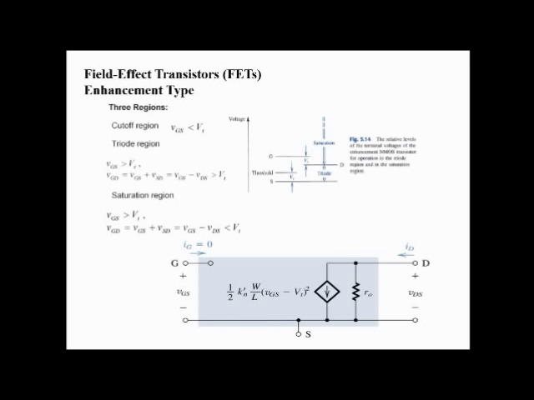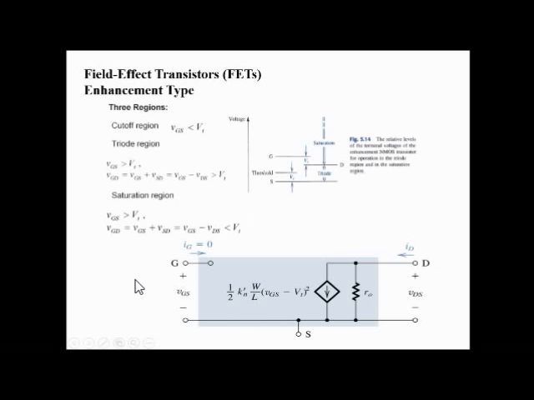So this case shows the three regions: cutoff region, triode region and saturation region. In the cutoff region, VGS is less than the threshold voltage. In the triode region, VGS is greater than the threshold voltage, VGS greater than VT, meaning just on the verge of conducting. Now in the triode region, VGD is equal to VGS minus VDS.